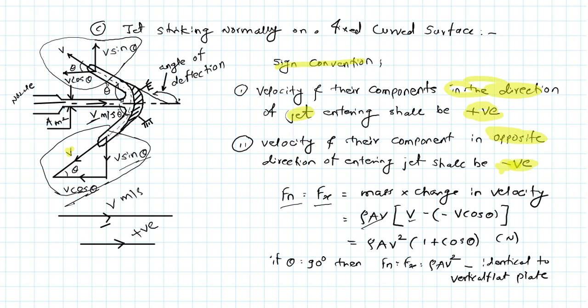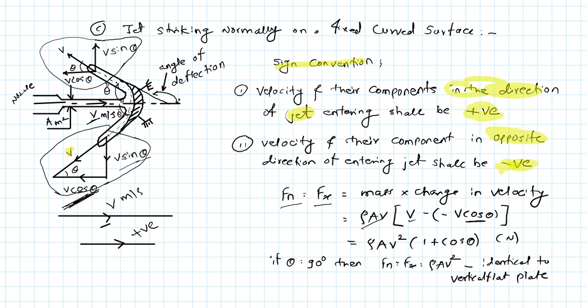After striking it will be deflected through an angle theta, so the component in the x direction or normal direction is v cos theta. So that's why the final velocity is v cos theta.